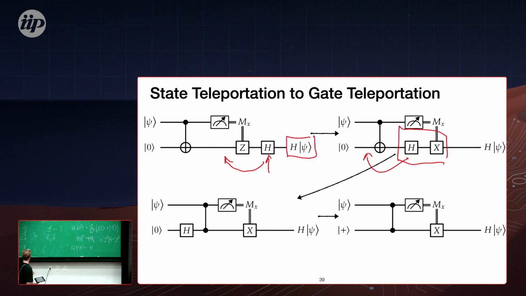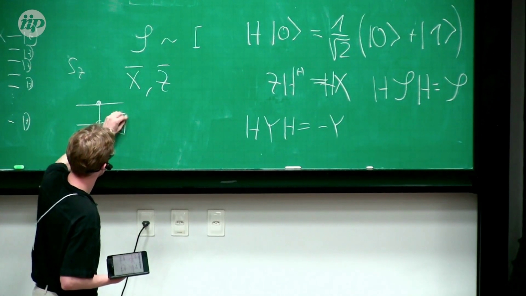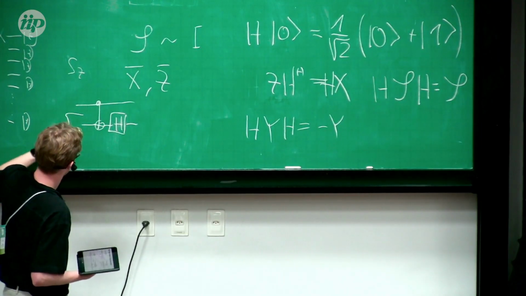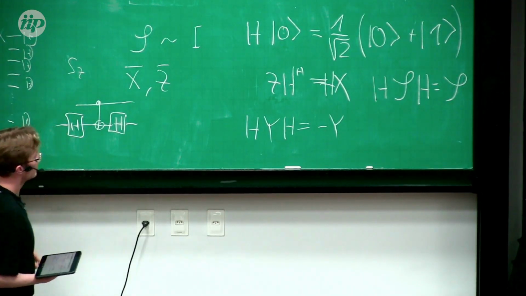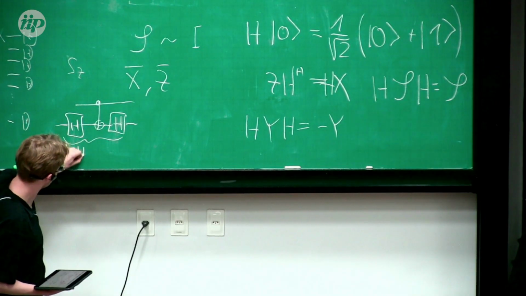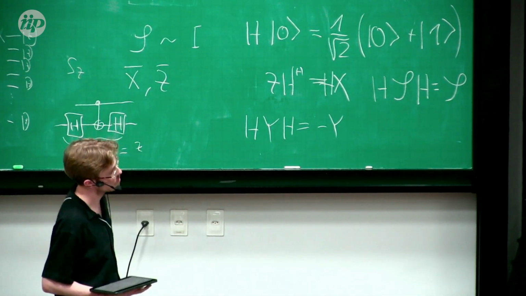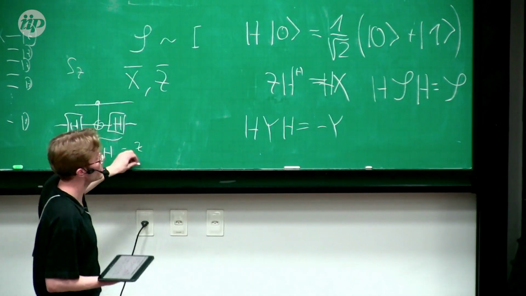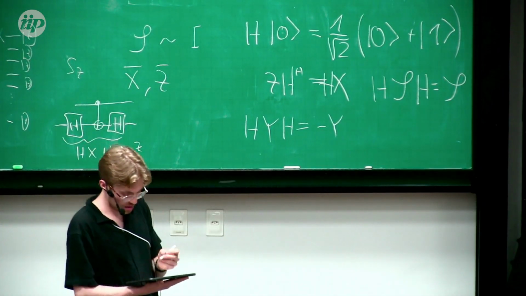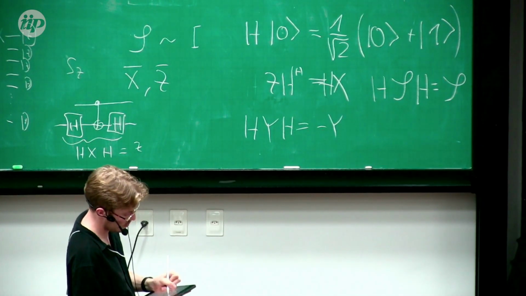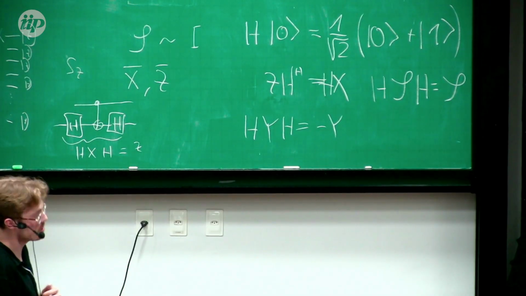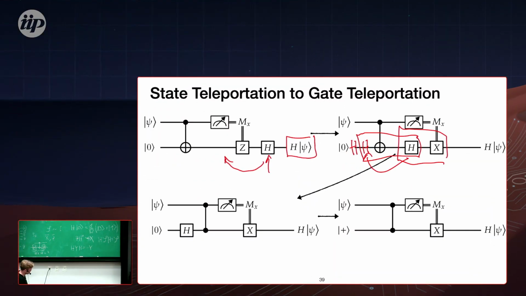Then there is a rule that tells me that if I have a controlled X with two Hadamards, then here I basically have H X H, which is Z. So what I basically did here is I inserted two Hadamards, which are identity, on left of it, and then converted this to a Z.